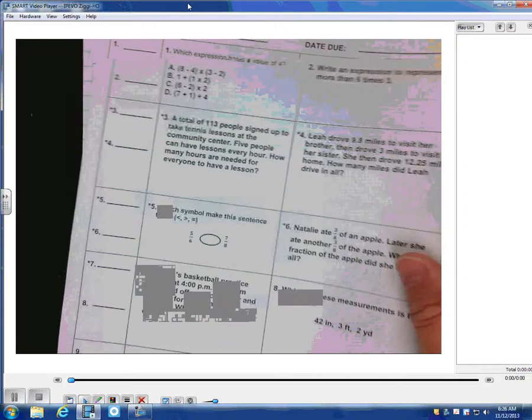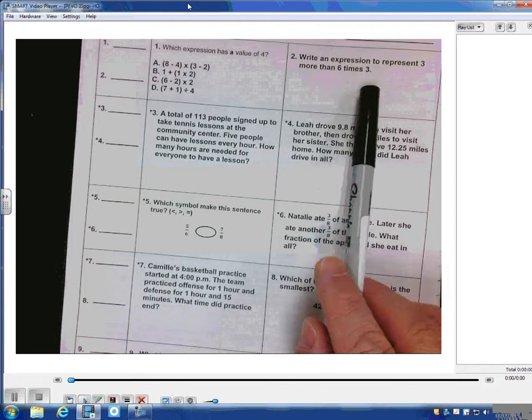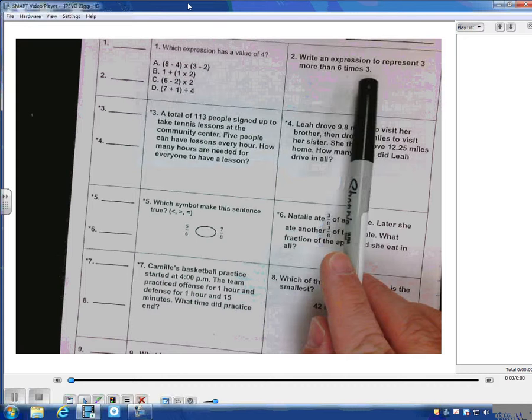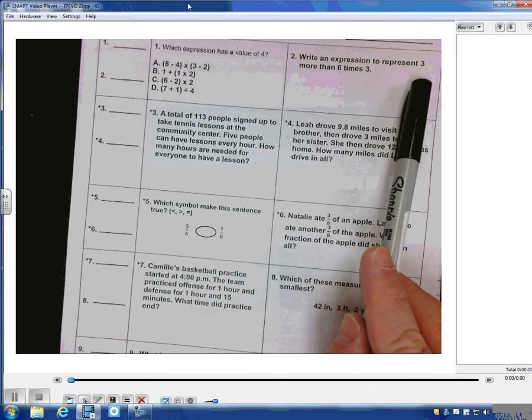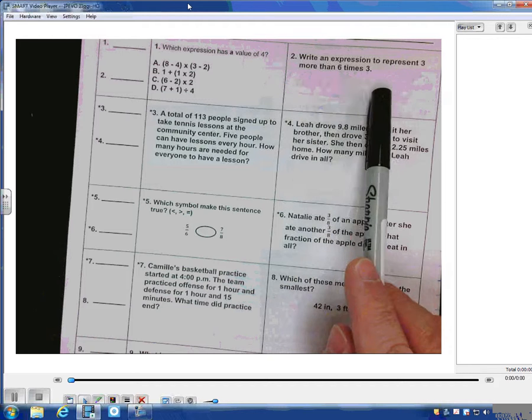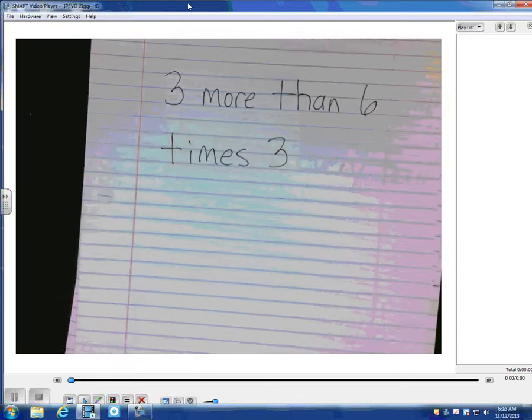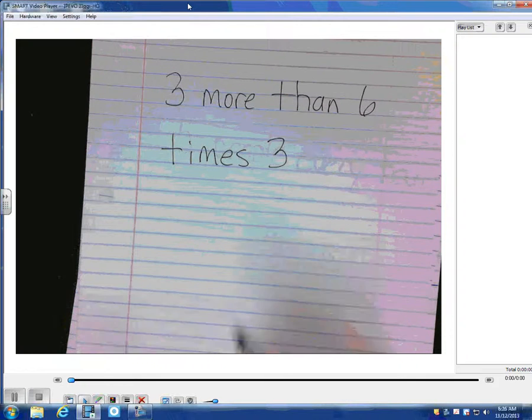Number 2, it says write an expression. So now we're just writing an expression. We're not solving. Write an expression to represent 3 more than 6 times 3. So 3 more than 6 times 3. So the key word here is more.